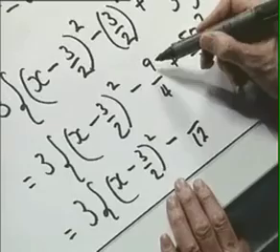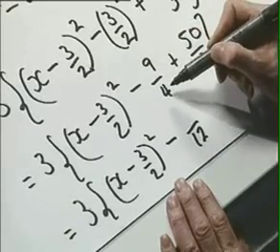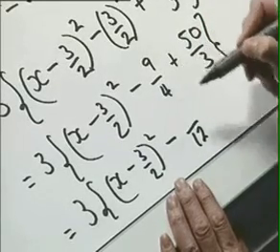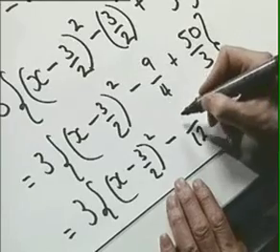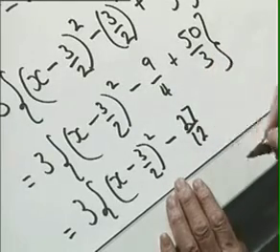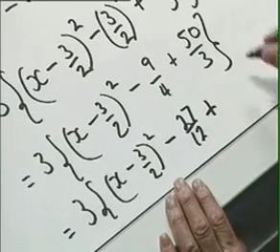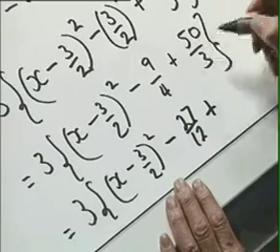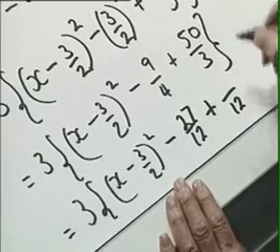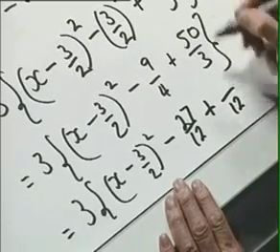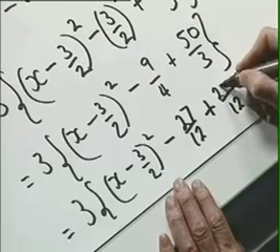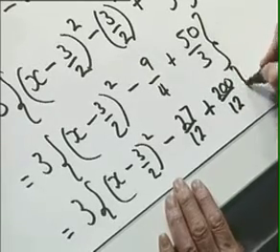We need to change the 9 over 4 into 12ths. 3 4s gave us 12, so 3 9s give us 27. Plus, we need to change the 50 over 3 into 12ths. 4 times 3 is 12, so 4 times 50 is 200.